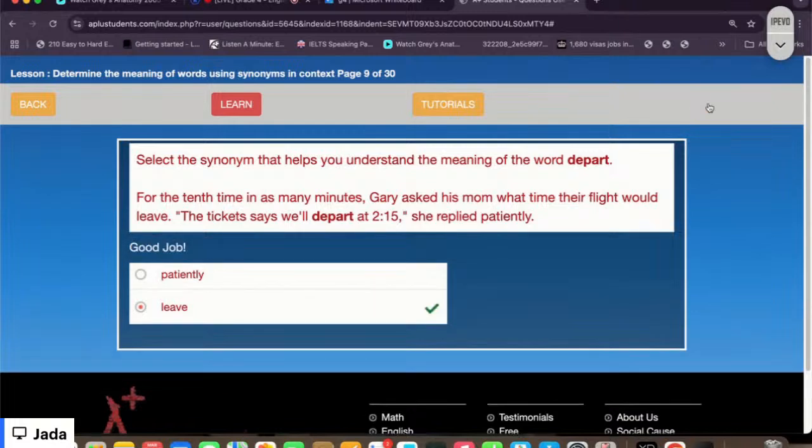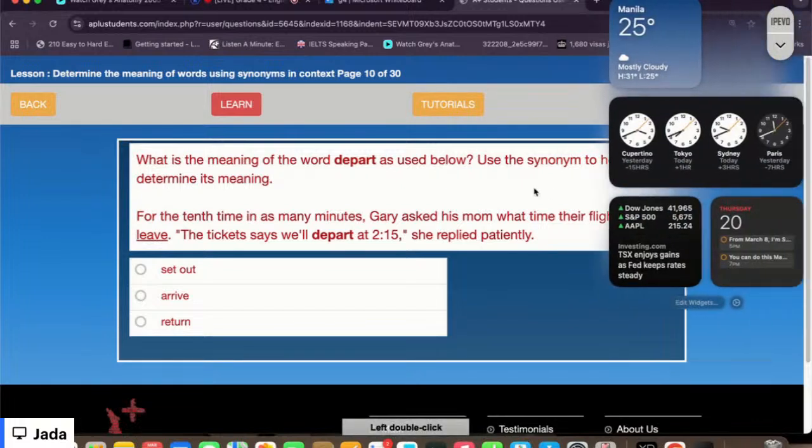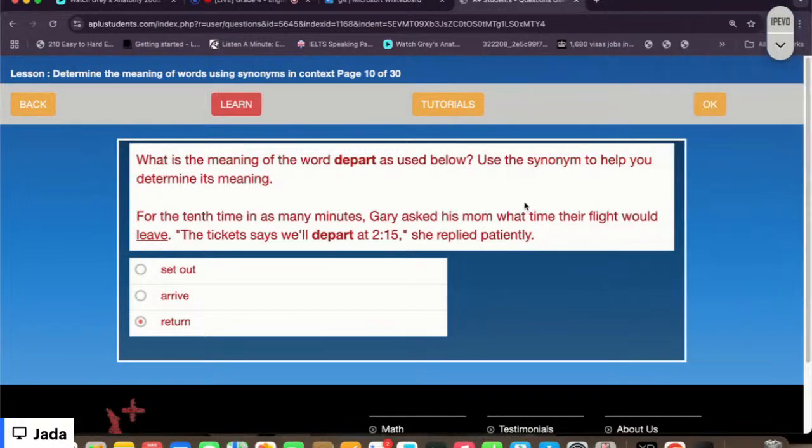Okay. And what does it mean here? Arrive, set out, or return. Yeah, depart also means take off. So for depart here, does it mean set out, arrive, or return?